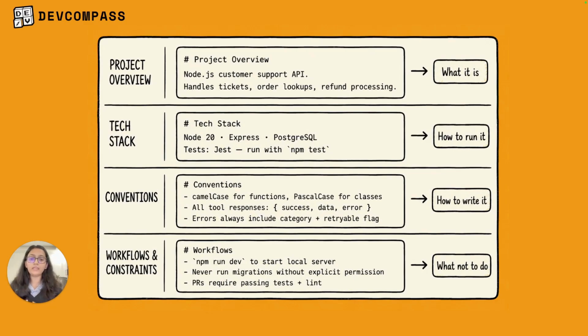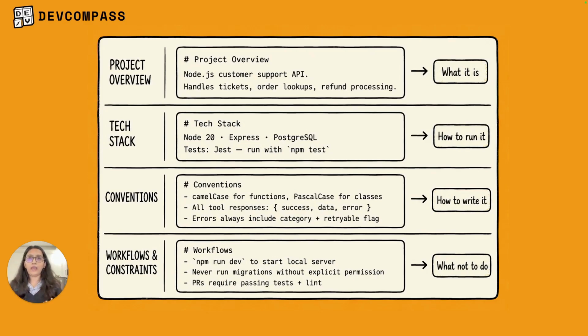And the fourth one is workflows and constraints: the commands that Claude is allowed to run, the deploy process, and the hard constraints like never run database migrations without explicit permission. So this section encodes the things that matter enough to be written down.